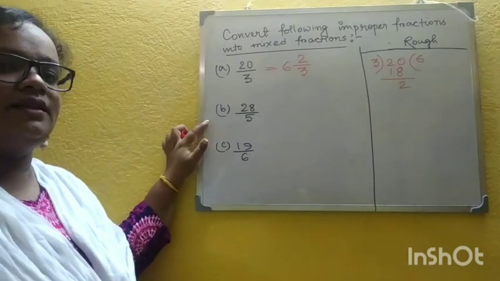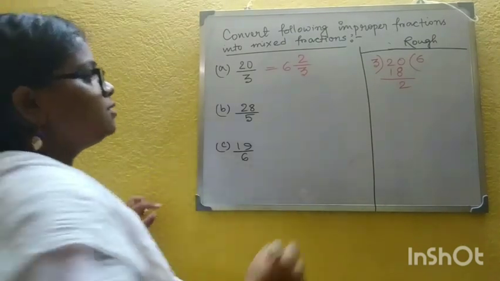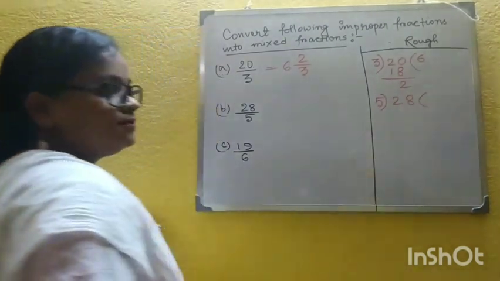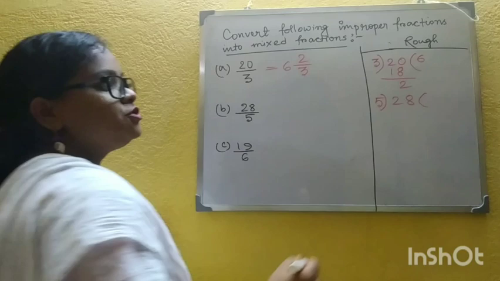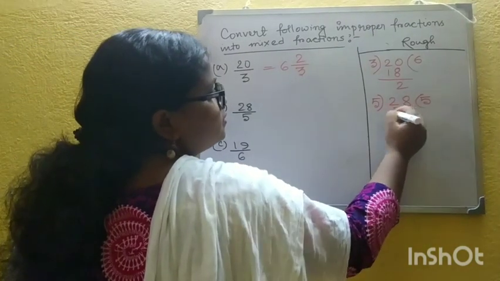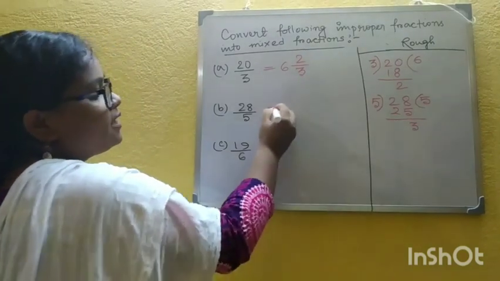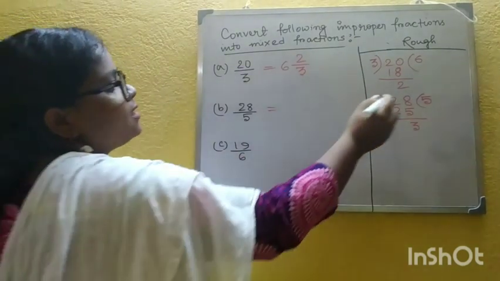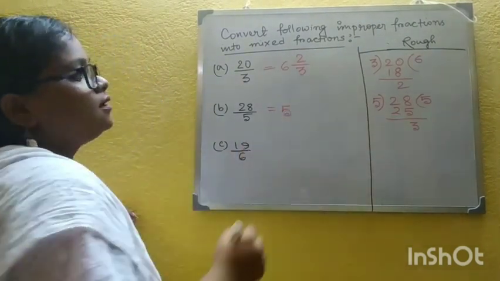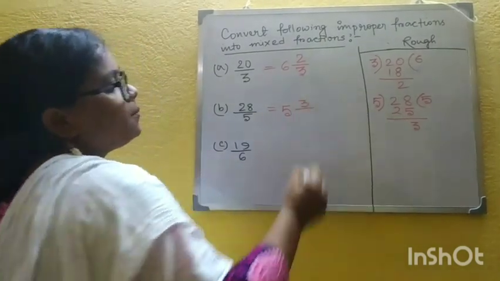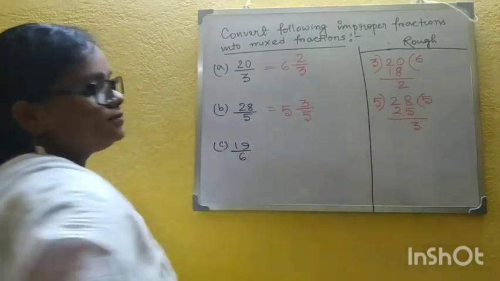Similarly, in the second example also, we will divide 28 by 5. Now we know 5 5s are 25. Now the remainder is 3. So we will write the mixed fraction as 5 and 3 by 5.